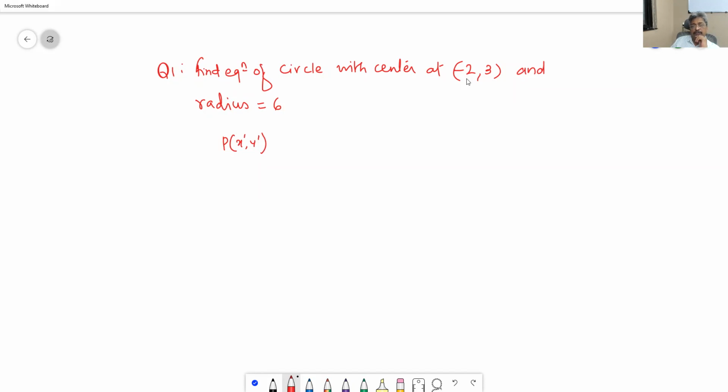Its distance from this point, (x' minus minus 2) squared plus (y' minus 3) squared, the root of this should be equal to 6, therefore this should be equal to 36. This form is a circle; replacing x' by x and y' by y, we get the desired locus. So this is the equation of a circle in center-radius form.